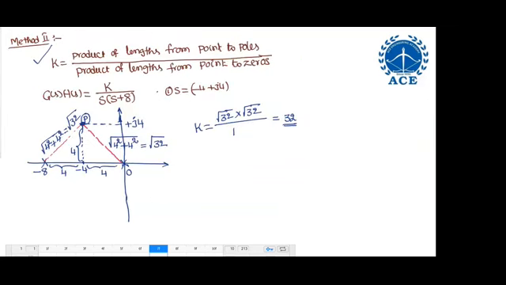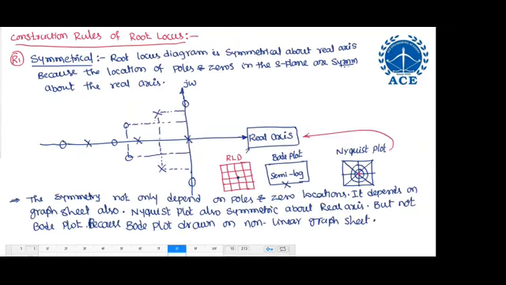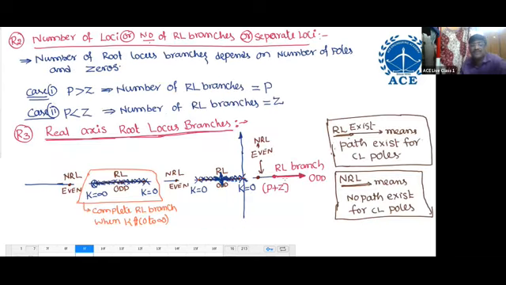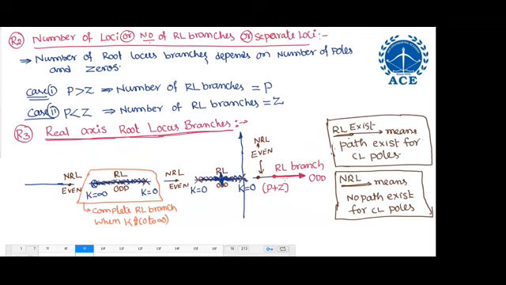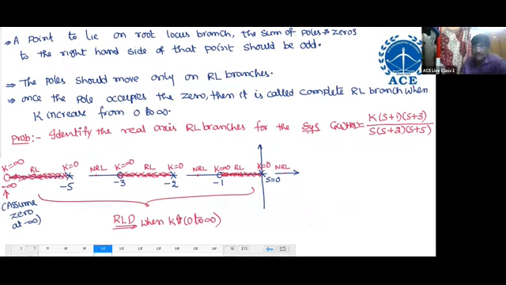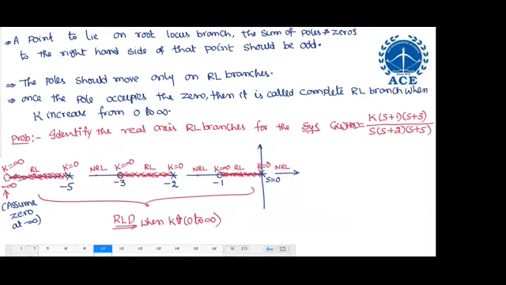Next page, sir. P plus Z equal to odd. You take a point here, on the right side; P plus Z equals how much? After completing 2 rules, you said one problem, sir. Which one? This one only. How did you draw these root locus branches, sir?